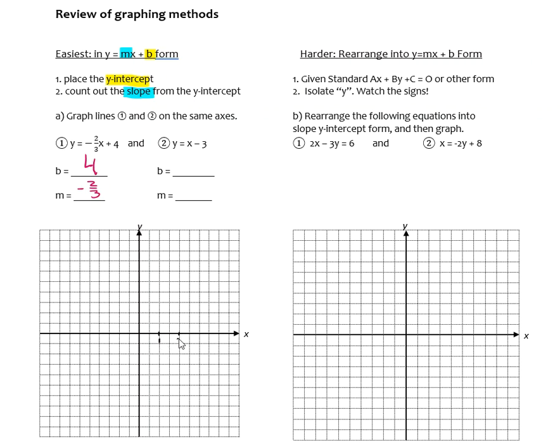So on the x-axis, 1, 2, 3, oops, 4, and 5. And I have to use the same scale on the other side of the x-axis. I can't change it and now all of a sudden count by 3s or something.